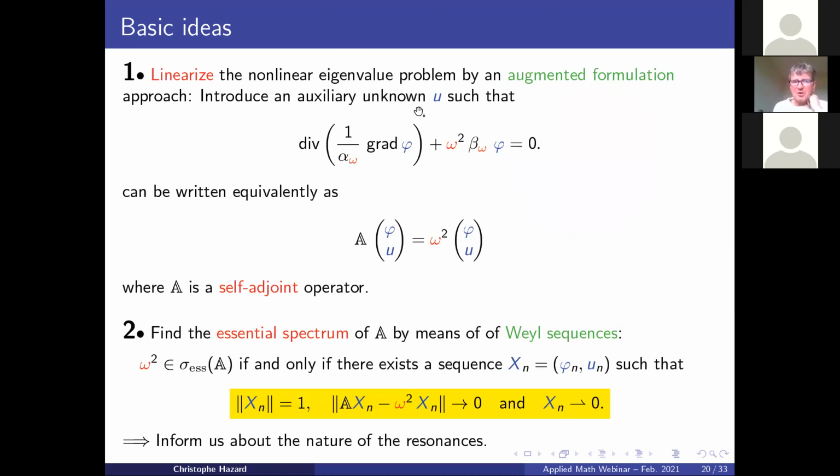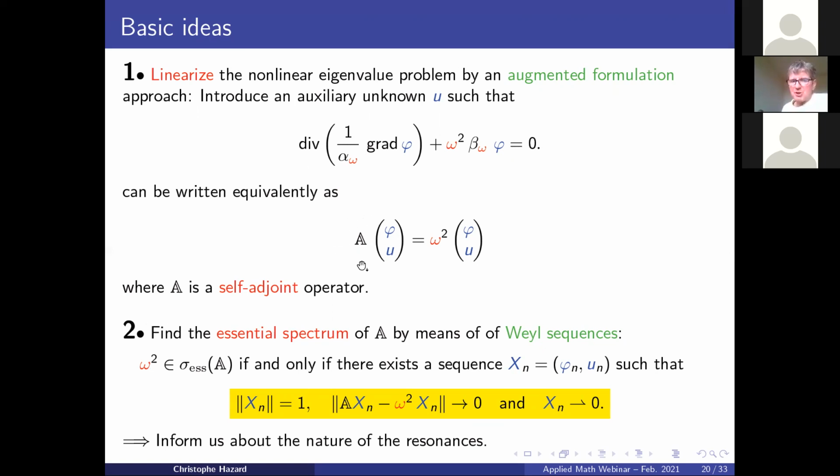The basic idea for finding the resonances of this problem is first to linearize the nonlinear eigenvalue problem, and I will show you that by an augmented formulation approach we can do that. This augmented formulation approach consists in introducing an auxiliary unknown, denoted by U, which allows me to transform this nonlinear eigenvalue problem into a linear eigenvalue problem for the pair phi, u here.